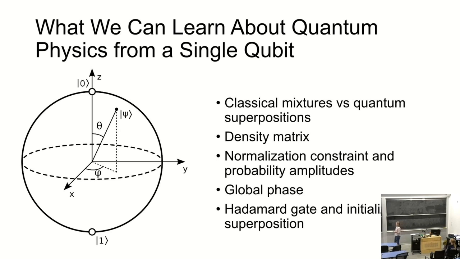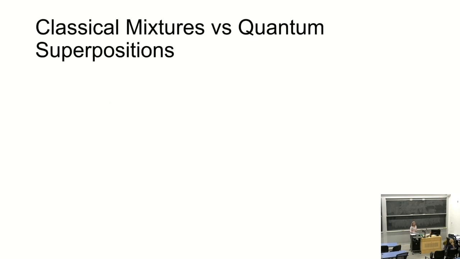We talked a lot about the global phase and mapping from the complex plane to the Bloch sphere. And then we talked about gates of all sorts and shapes, especially the Hadamard gate and its utility in initializing superposition. So let's review a few of these.